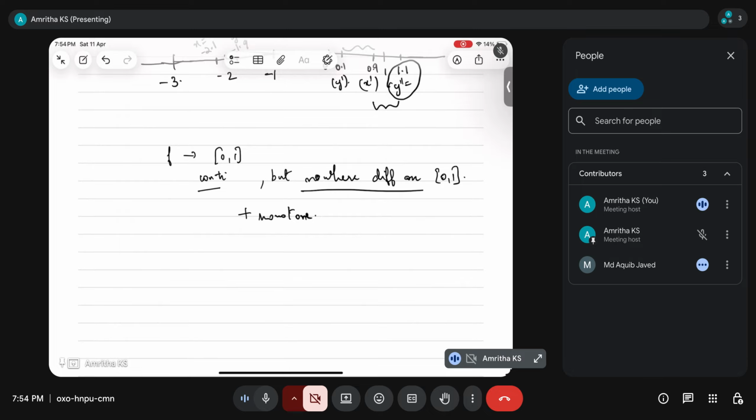I was trying to find the theorem. Okay, then you can leave it. Yeah, if it is monotone, then the set of discontinuities is countable, right? Okay.